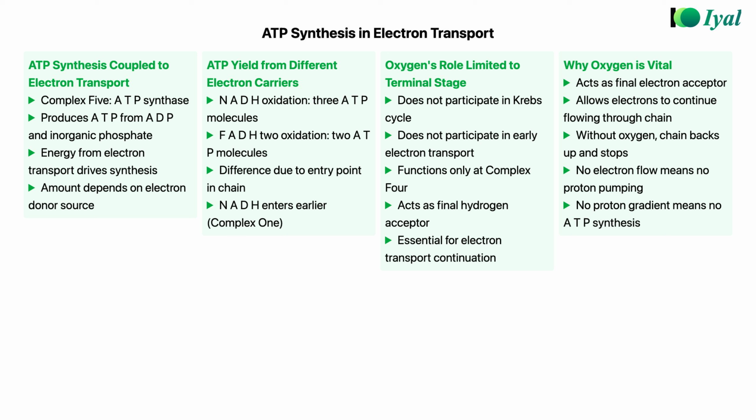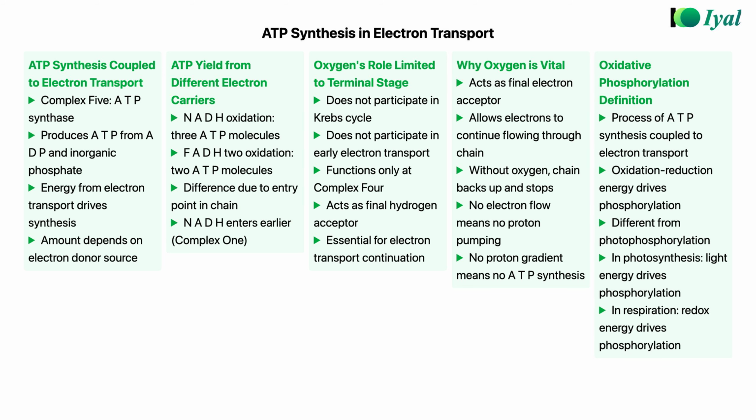No electron movement, no proton pumping, no ATP synthesis. The organism cannot survive. This is why aerobic organisms absolutely need oxygen. Not because oxygen participates in many reactions, but because oxygen is the final outlet. Without it, nothing flows.